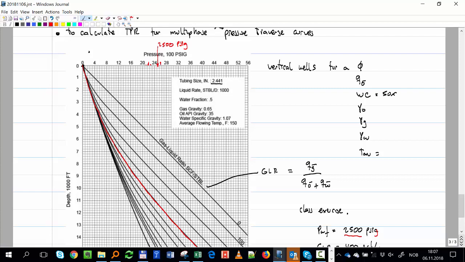I identify on the x-axis the pressure that I have. And then I go down exactly vertically, all the way until I find the curve with the gas-liquid ratio that I have. Exactly vertical. And then I move to the left to find the depth.